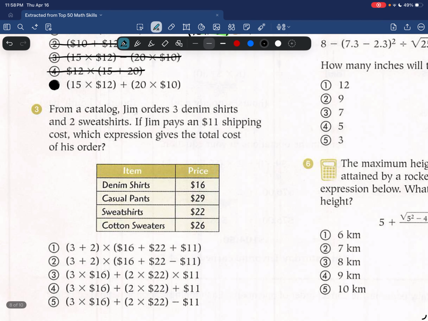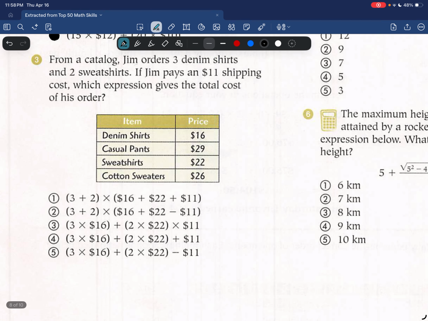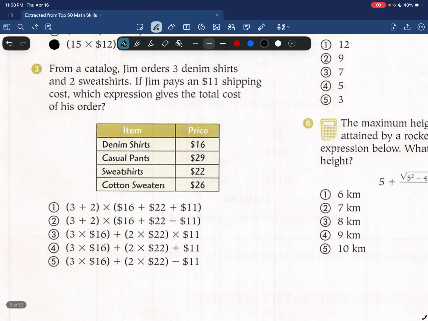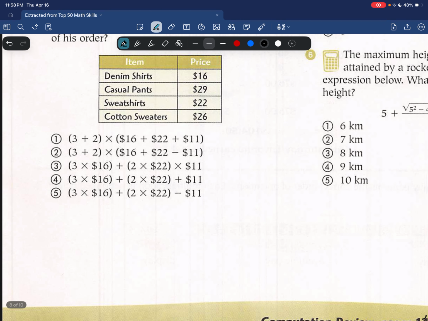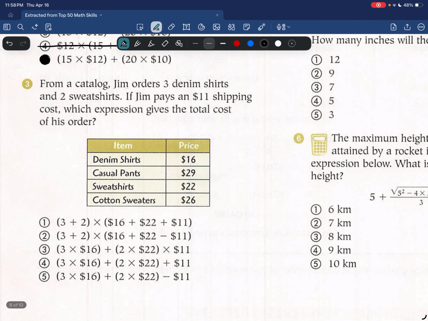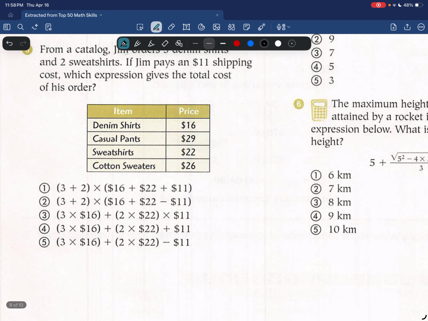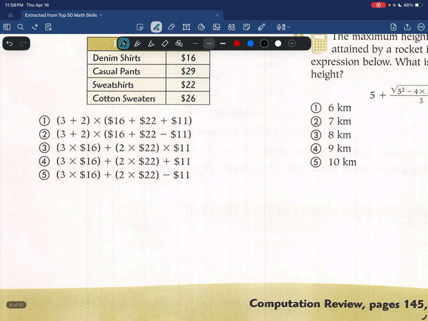From a catalog, Jim orders 3 denim shirts and 2 sweatshirts. If Jim pays an $11 shipping cost, which expression gives the total cost of his order? So he did 3 denim shirts and 2 sweatshirts. So he has 3 expenses here.